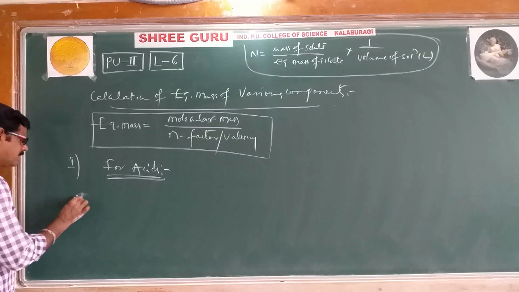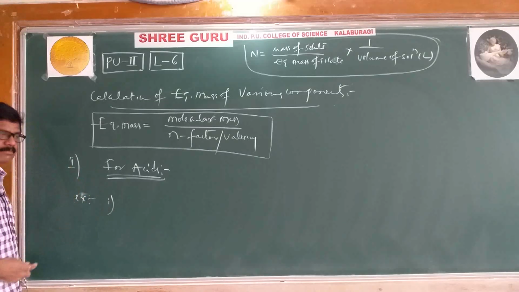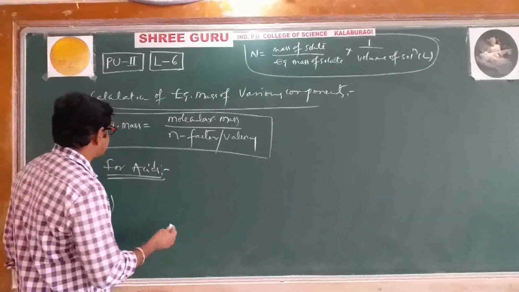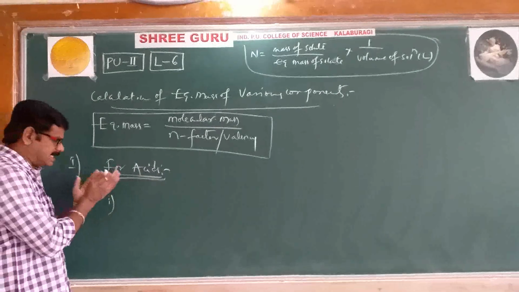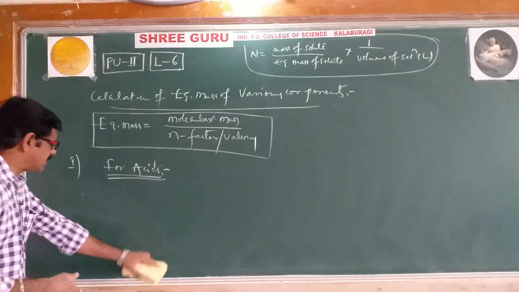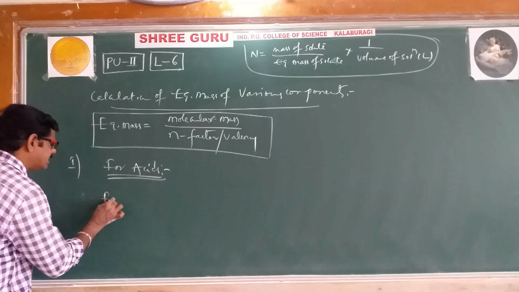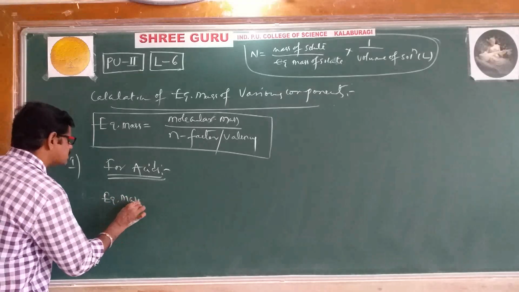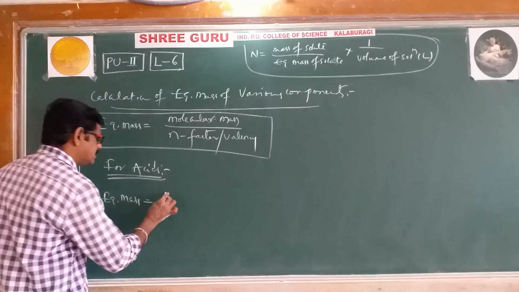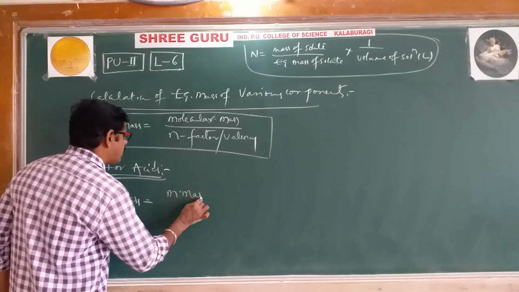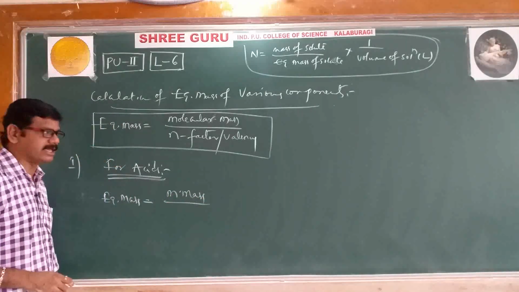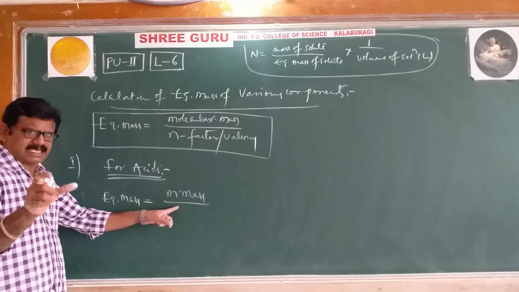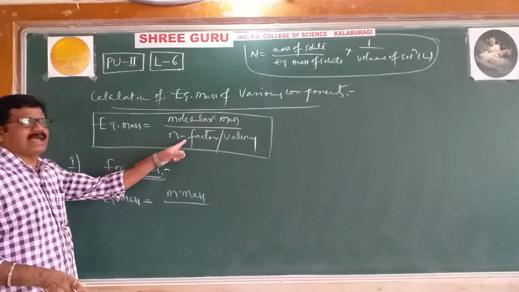We'll see examples. Example number 1. But before that, I'll write specifically the equivalent mass formula for acids. Equivalent mass, particularly for acids, is equal to molecular mass divided by basicity.